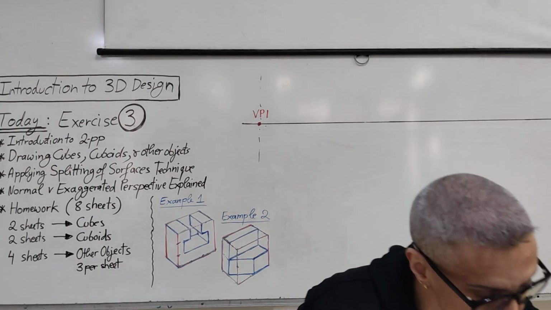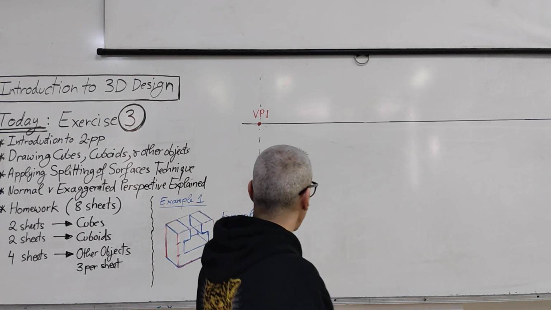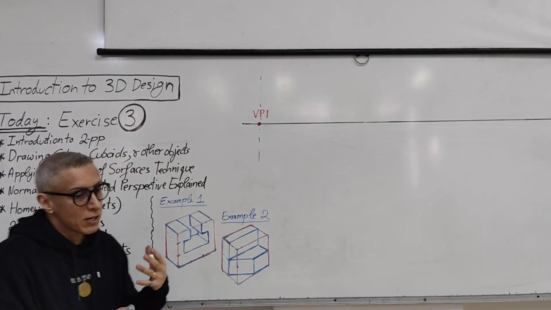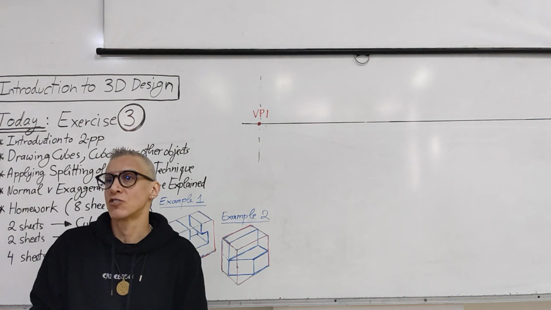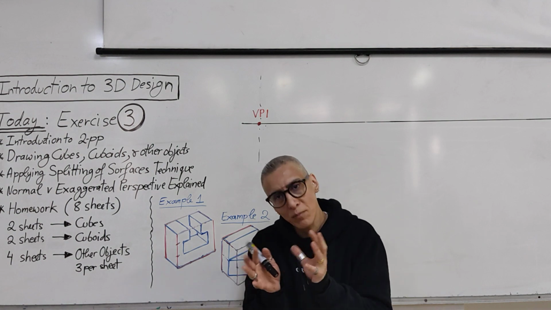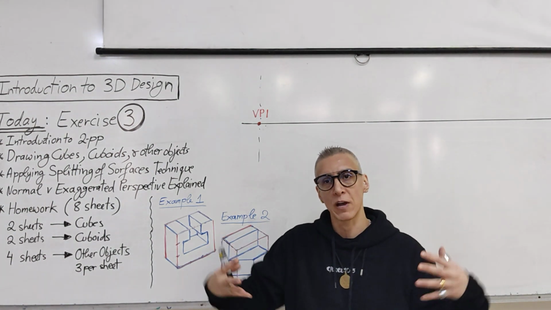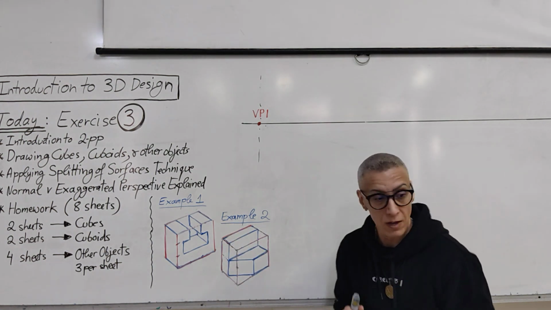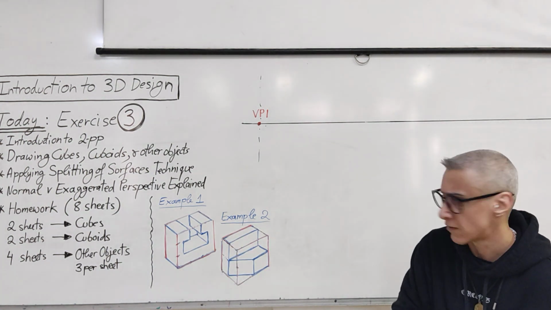Now, we have cubes, we have cuboids, and now we will draw these two examples. We have now a combination of objects, a little bit more complicated object. This means it could be a combination of cubes and cuboids together, okay, like these objects, and I will show you other examples later.